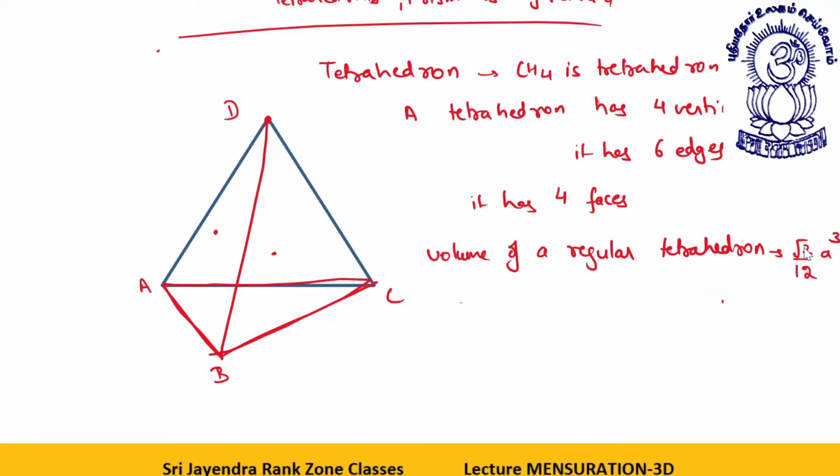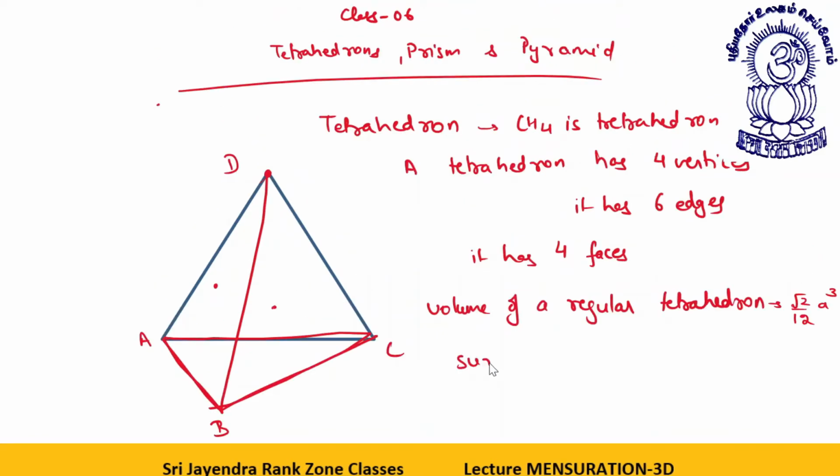So this is the formula for volume of a regular tetrahedron. Surface area is four equilateral triangles, or 4 into root 3 by 4 a square, that is root 3 a square. This is the area. Okay, dear students.